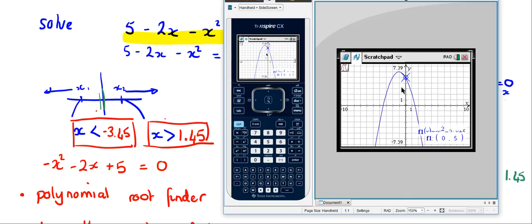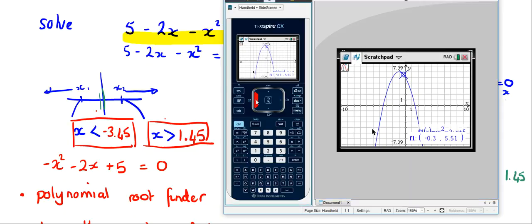So I quite like this calculator because if you do menu and trace, it gives you the 0, 5. If we then press left and right, it actually does take us straight to that point. In the old calculator, it would bypass that and you wouldn't get exact. But I've got here, look, x is minus 3.45.